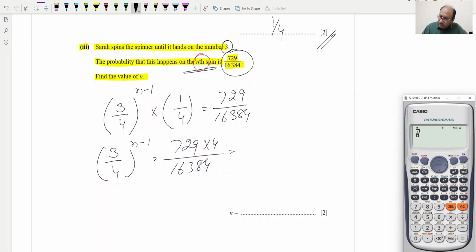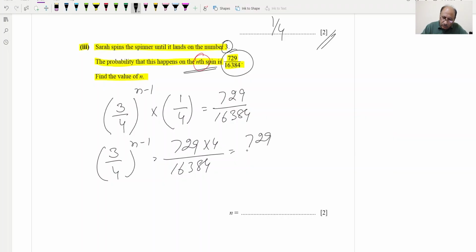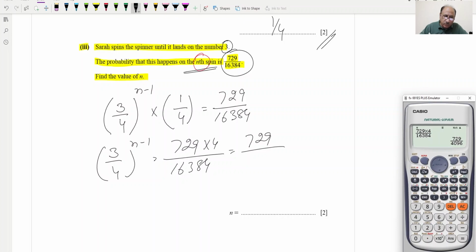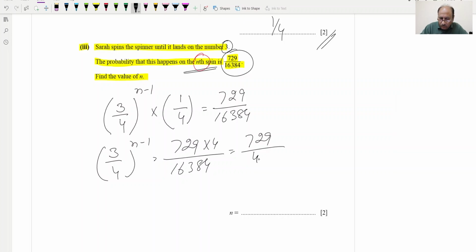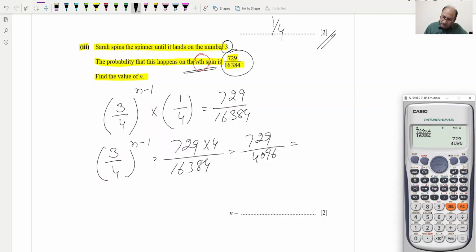It will be 729 multiplied by 4 and divided by 16384, and this will be equal to 729 over 4096, which can be written as 3 by 4, 729, 3 raised to the power 7 will be equal to this one.